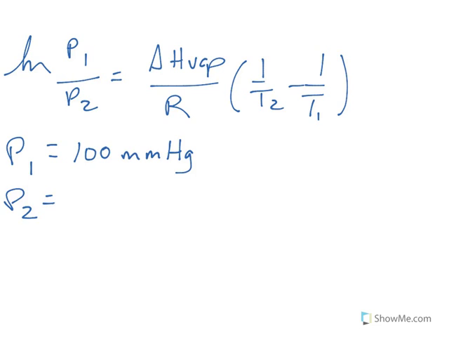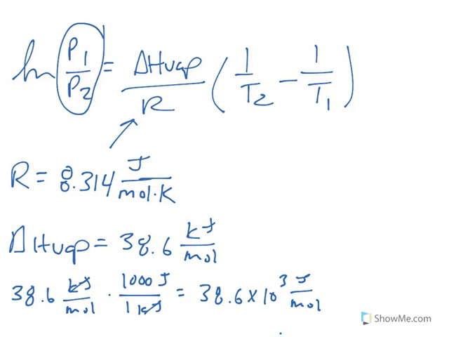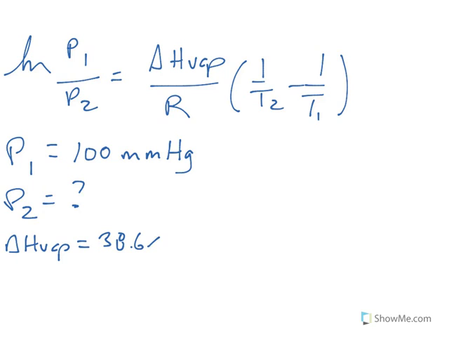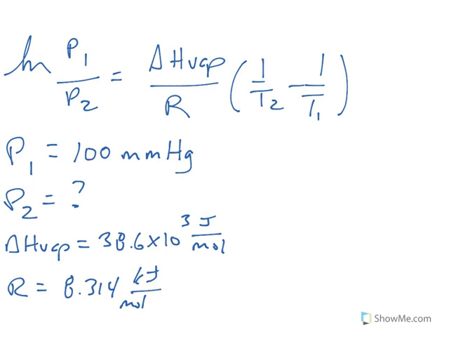P2, that's unknown. That's what we're searching for. Delta H of vaporization was 38.6, and we converted that one, right? Let me just check. Yep. Times 10 to the third joule per mole. Our gas constant, 8.314 joule per mole K.